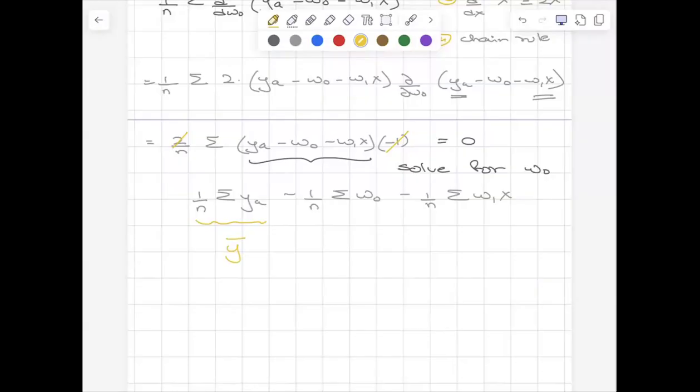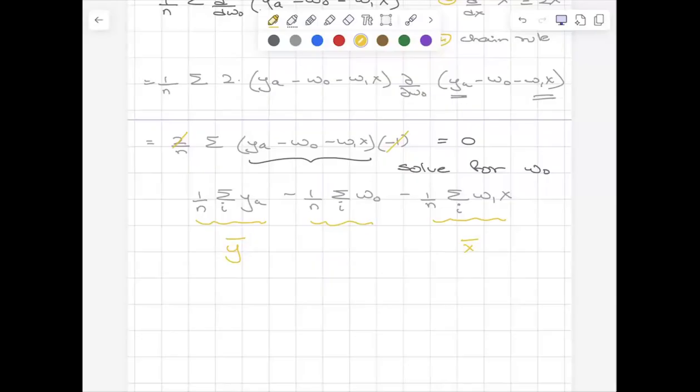In the last term, I have w1 is a constant. So it doesn't depend. This is over i, right? So it doesn't depend on the i. So I can take it outside the summation and I have 1 upon n summation of x. What is that? It is the mean of all the x's. And finally, for the middle term, right? Again, the w naught I can take outside the summation because it doesn't depend on i. And I'm just summing up 1 n times.